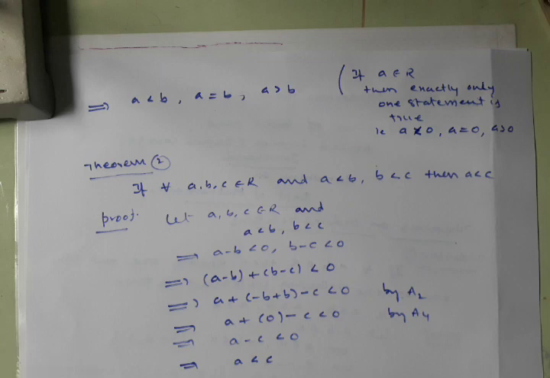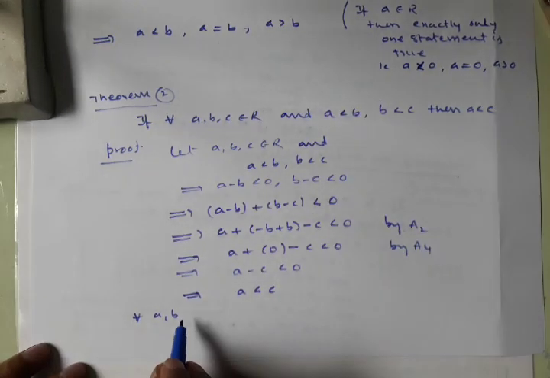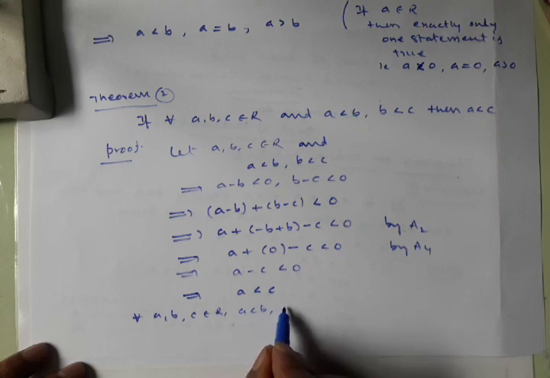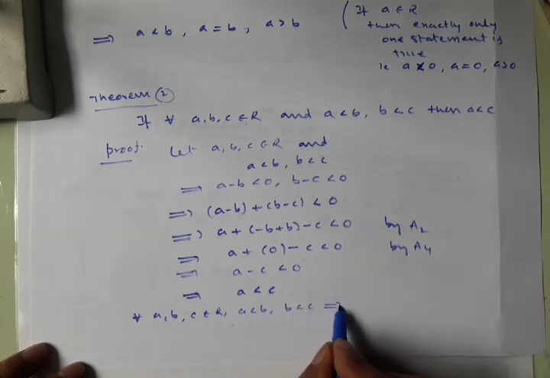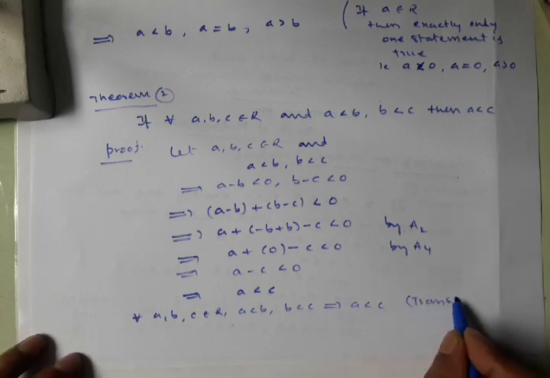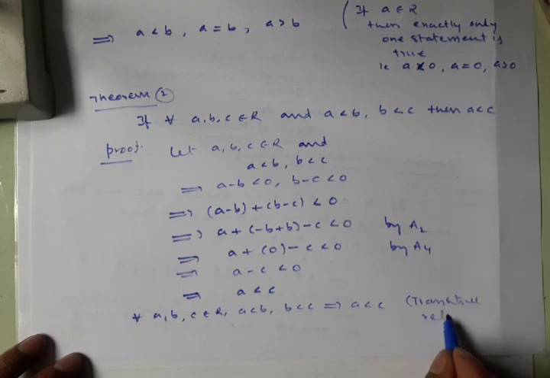So the laws are applied: for all a, b, c belongs to R, a is less than b and b is less than c implies a is less than c. Transitive relation. In continuation of the previous theorem 2, now theorem 3.